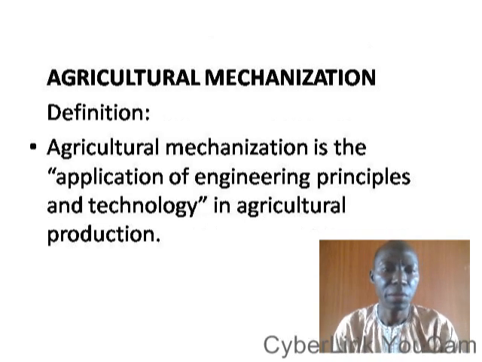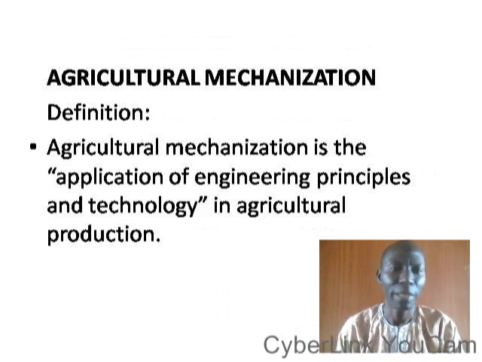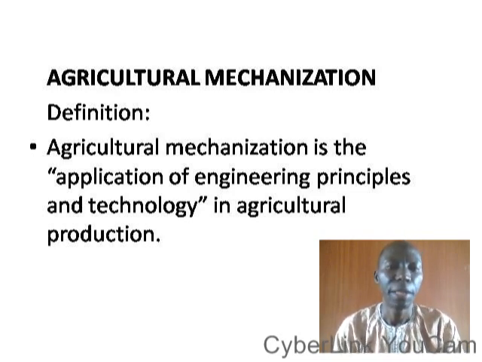First of all, let us define agricultural mechanization. By definition, agricultural mechanization is the application of engineering principles and technology in agricultural production. In the olden days, farm operations were carried out manually, but these days, a lot of farm machines and implements have been produced in order to carry out numerous farm operations easily and timely.